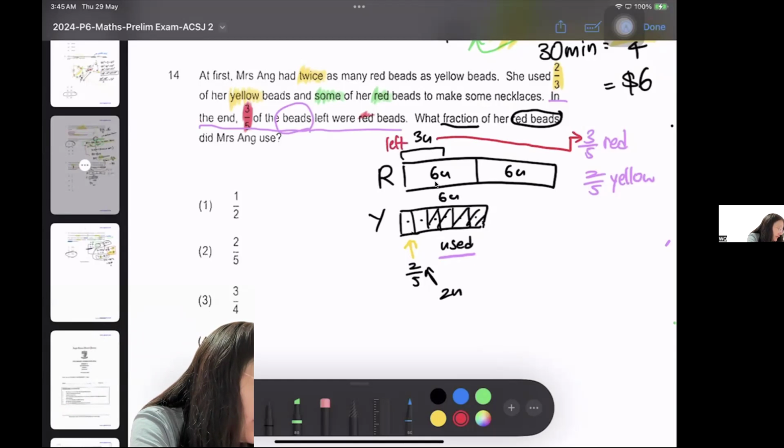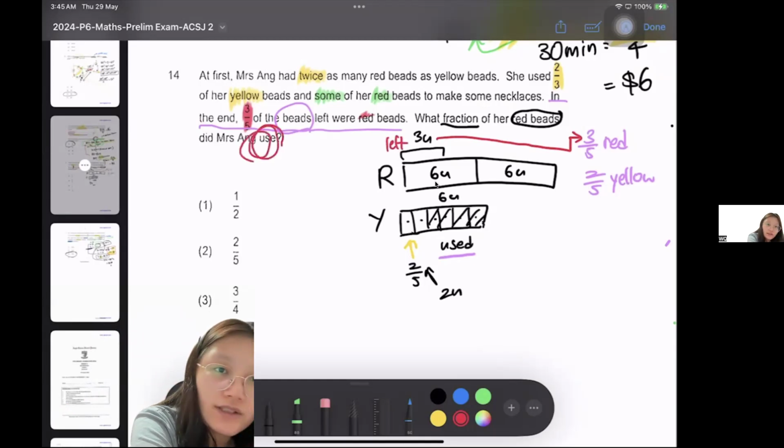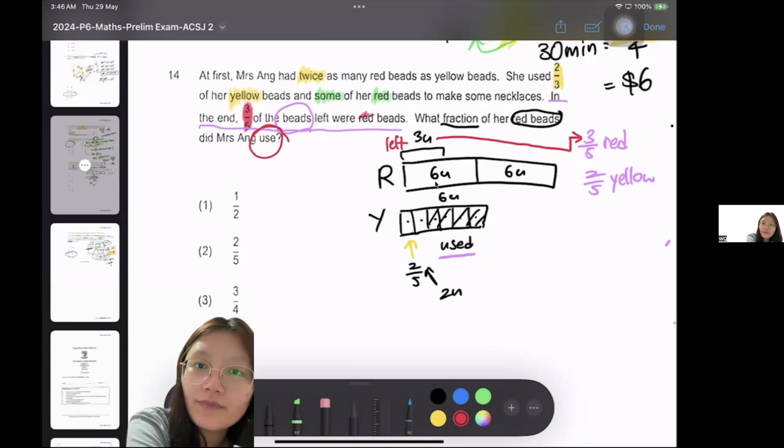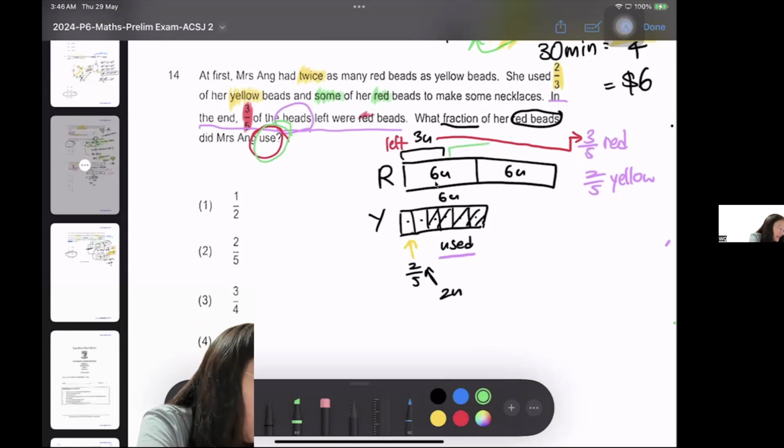Now we need to find what is the used. We have the left, but we need to find what is the used. So how do we find it? We find out what this is over here. How many is this? Basically, 6 plus 6.